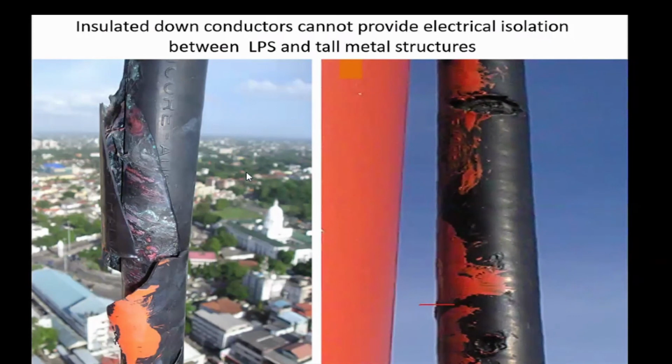What you see is an insulated cable which ran from the top of a communication tower. This is in Sri Lanka, to down, separating the down conductor with this insulator from the steel bars, rebars of the tower. You can see that around 80 meters above the ground level, there is so much arcing and damage of the insulator.